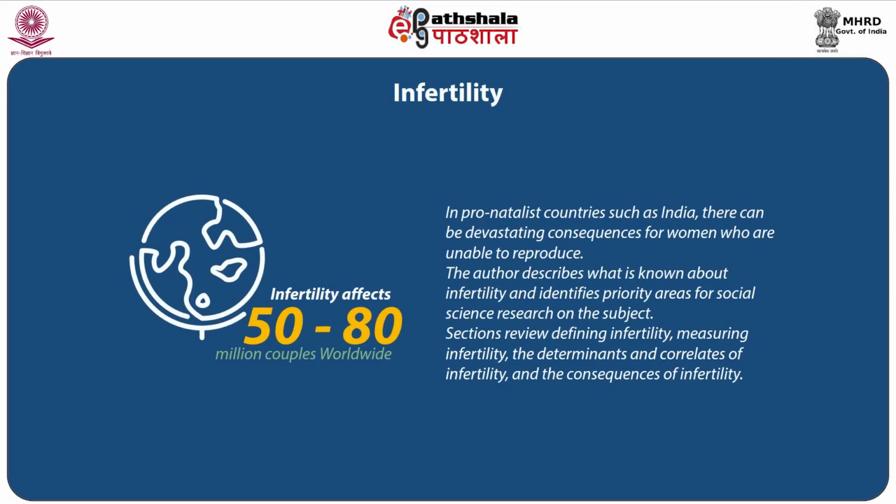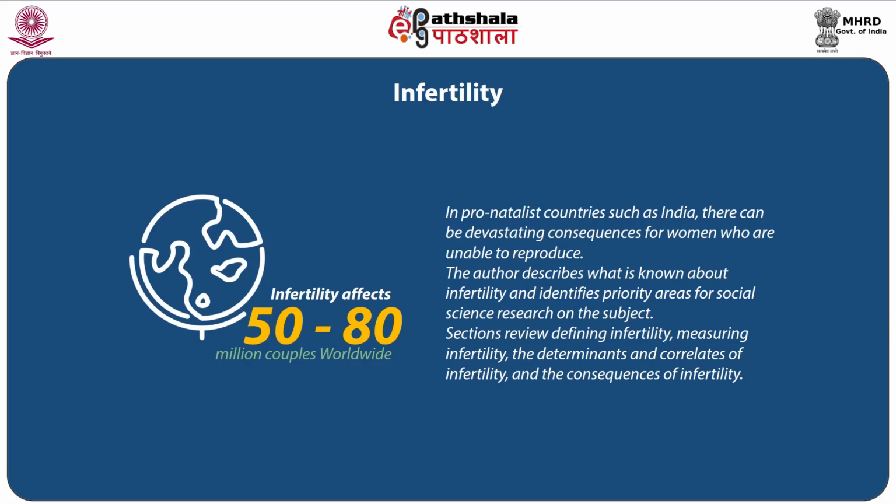Infertility affects 50 to 80 million couples worldwide at some point in their reproductive lives and has a variety of biological and behavioral determinants. In pro-natalist countries such as India, there can be devastating consequences for women who are unable to reproduce.